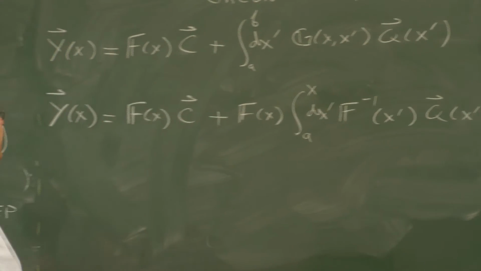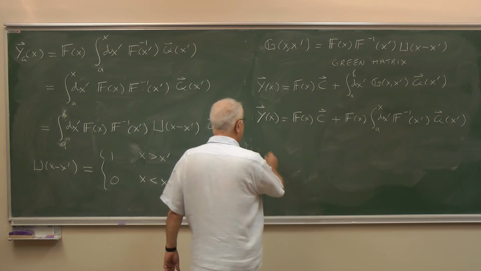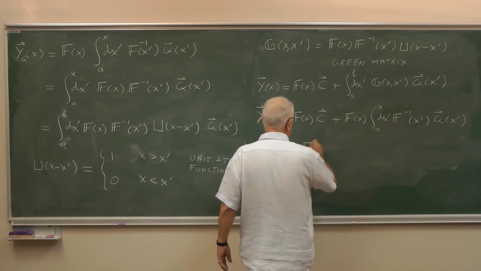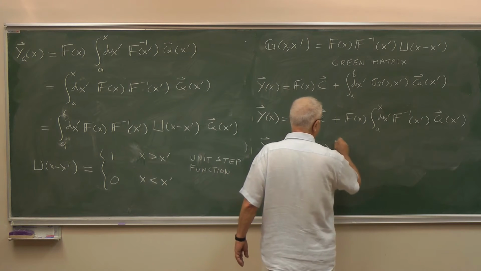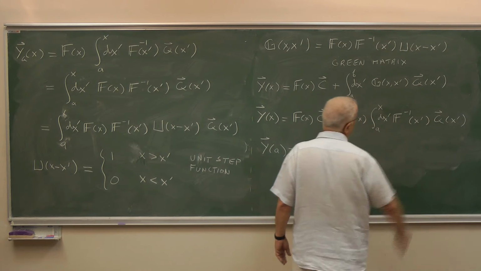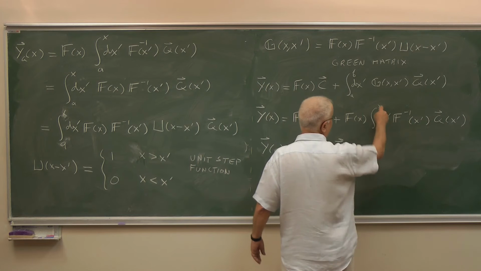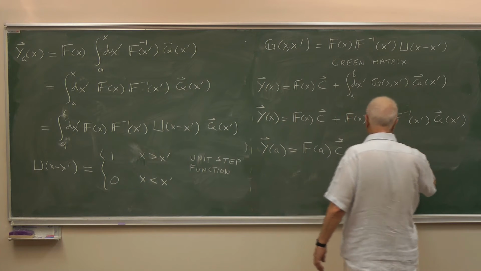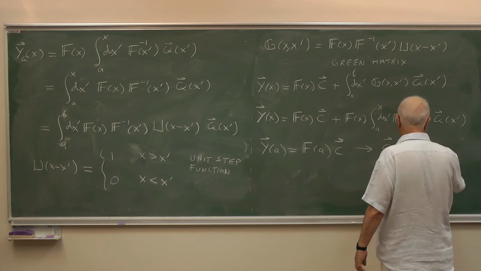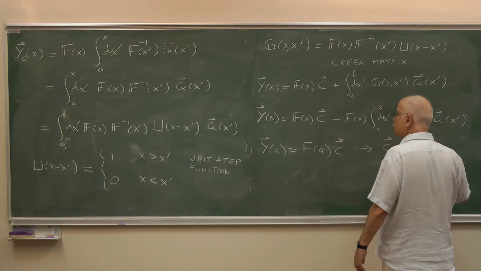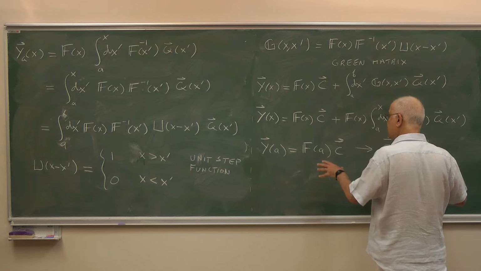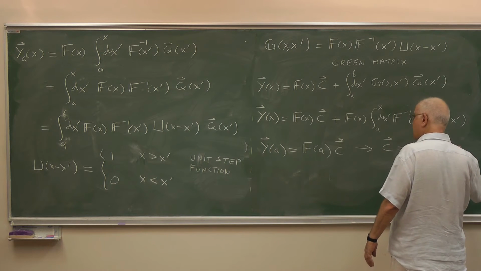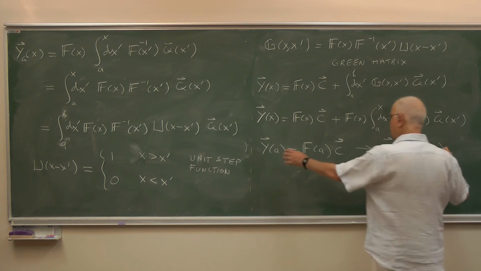Now, if I set x equals a, y of a equals F of a c, then there is no contribution from here because the integral a to a is 0, which tells me that the arbitrary constant vector is F inverse of a times y of a.